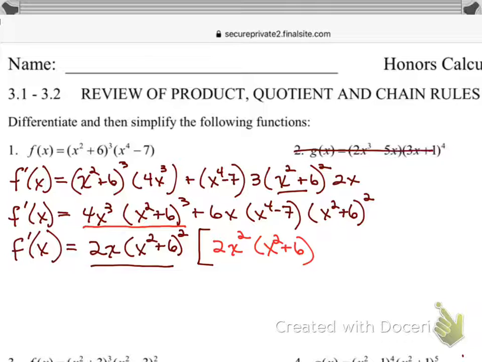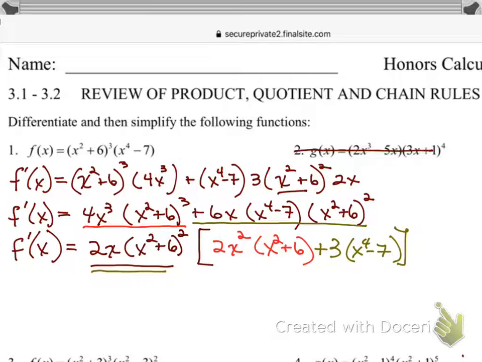So let's change again. I have this, I need this. So I have a 2x, I need a 6x, that means I need a 3. And I don't have any of these that match, but I have x squared plus 6 squared already in the front, so I'm done with that.